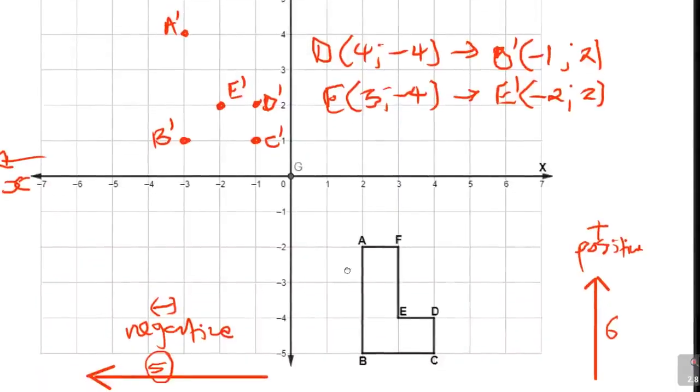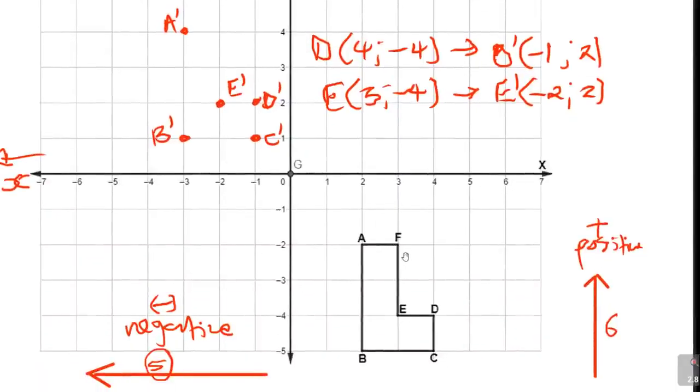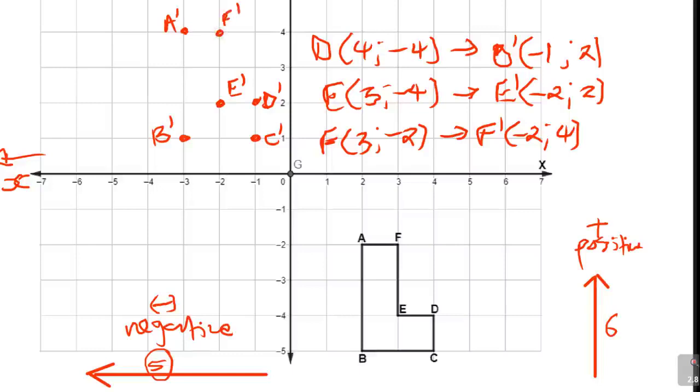And I think the last one is F. F is 3, minus 2. So we have got F as 3 and minus 2. And after translation, F becomes 3 minus 5, it's minus 2, and minus 2 plus 6, it's 4. So we have got minus 2 and 4. There it is. And this is F prime.